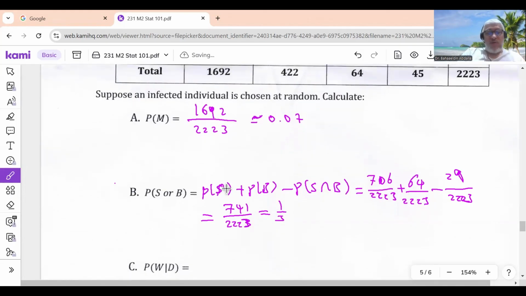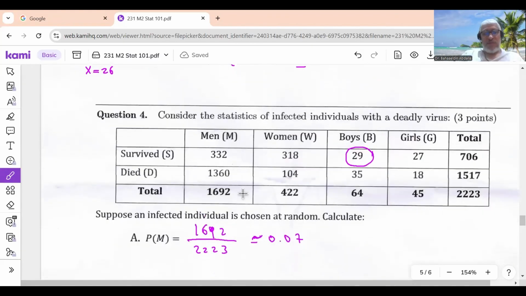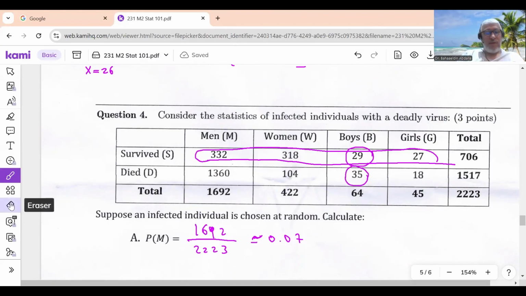You can find also the probability directly from the table by looking at it. You need the probability of S union B, the union. So this is all of S, these numbers, all S, and all B will be here. So you don't count 29.